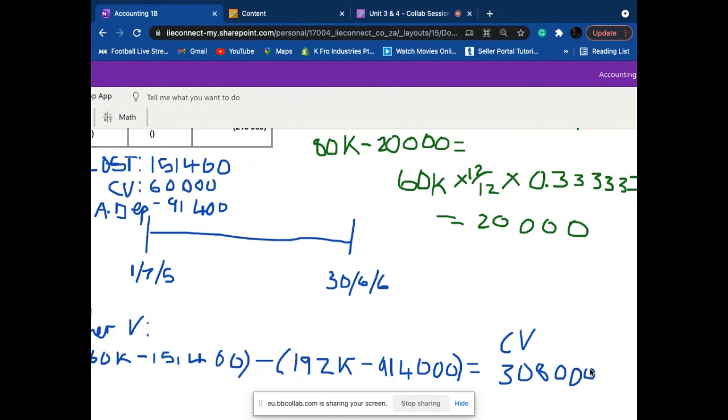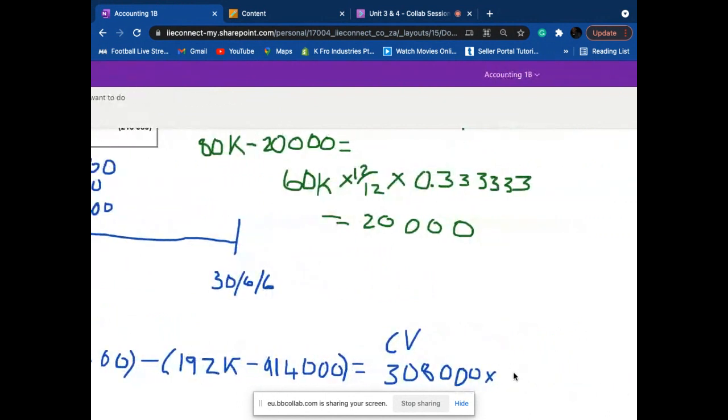We're on the diminishing balance method, so what must happen now? We times by our depreciation rate, which is what for the vehicles? 20%, so 0.2. So what do we get? 60,000.